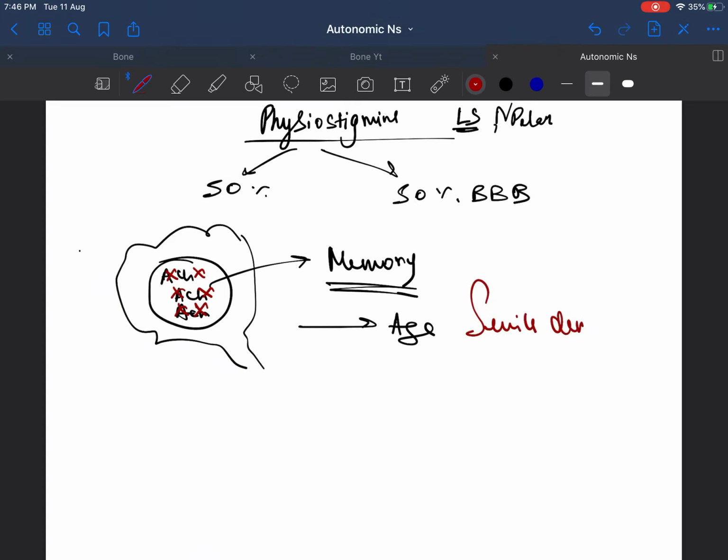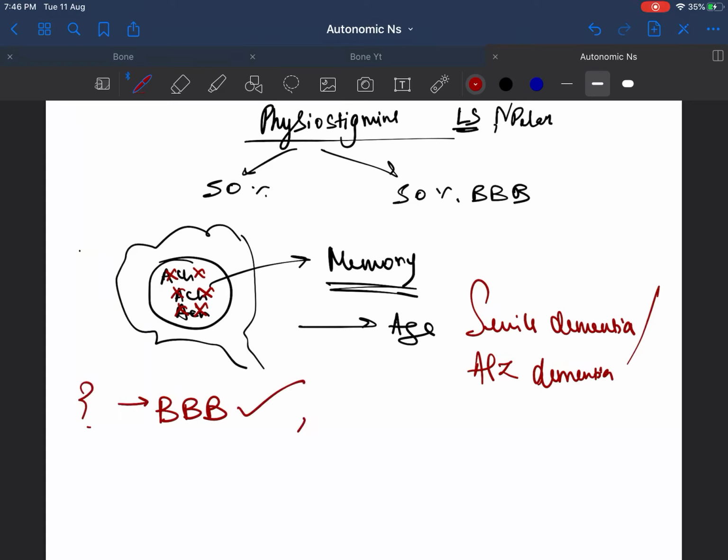Senile dementia, or the other name is Alzheimer's dementia. So we need a drug which can cross the blood-brain barrier. So it should be lipid soluble, and it can act here and increase the ACh here.